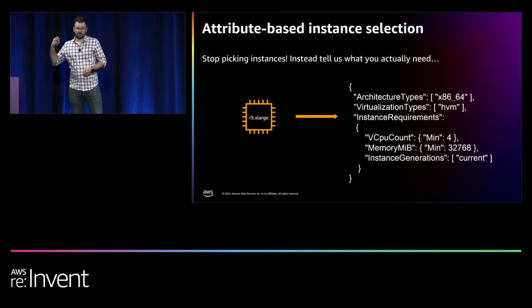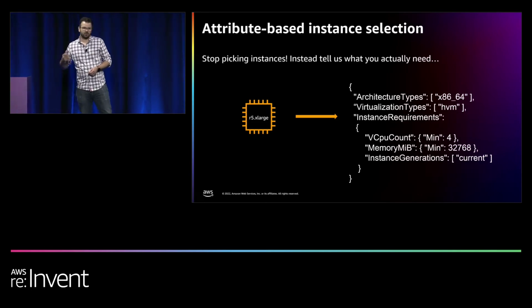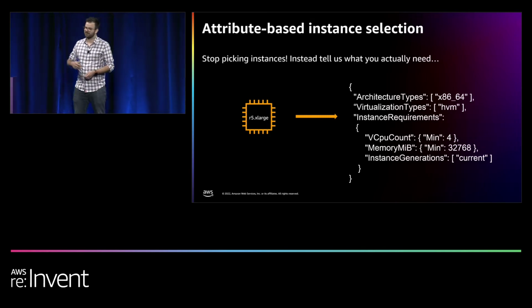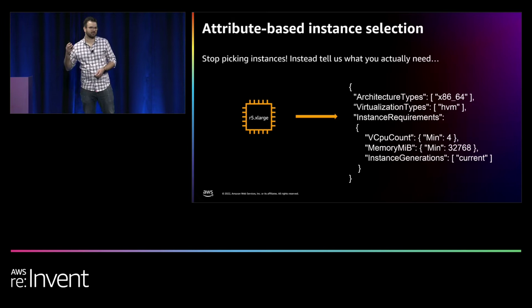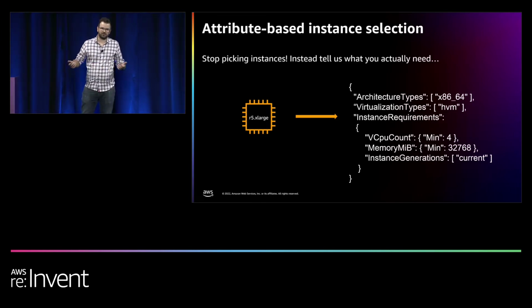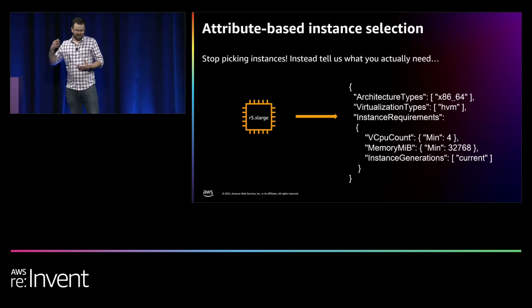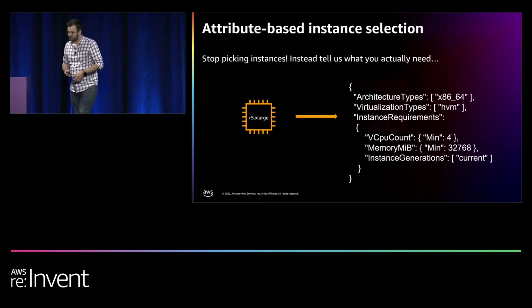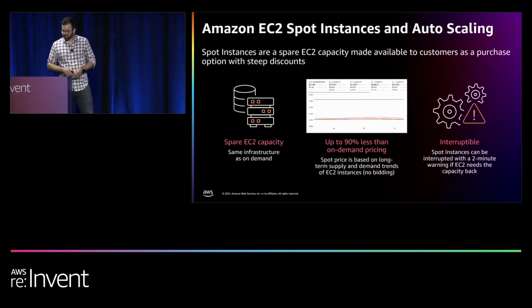And when you use attribute-based instance selection, we take care of picking the best instance for the job. So you don't need to know what we launched at re:Invent this year. You don't need to keep up with our blogs. You don't need to know what instances are in what region, because auto-scaling will do all of that for you automatically. And that's really cool.